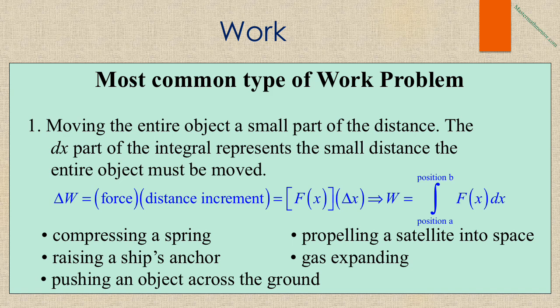In this case, the dx part of the integral represents the small distance that the entire object must be moved. So the formula for the change in work is the force times the distance increment, which is f of x delta x. And therefore our formula for work is equal to the integral from position a to position b of f of x dx.